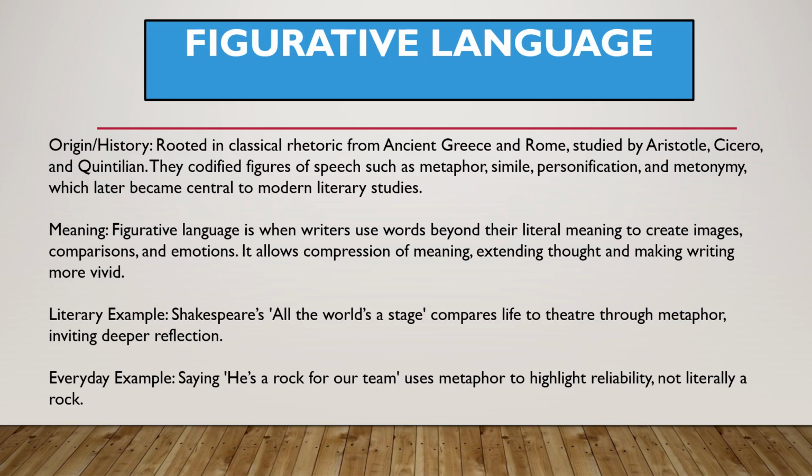So that's a phrase, a metaphor, used to refer to his great batting ability. Similarly, the example which I gave you is the lion of our village. This is a metaphor which highlights the reliability or the courage of a particular person. That doesn't mean that fellow has become a rock. Okay, I hope you understood this.